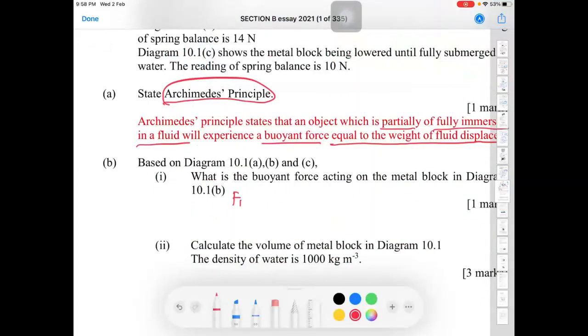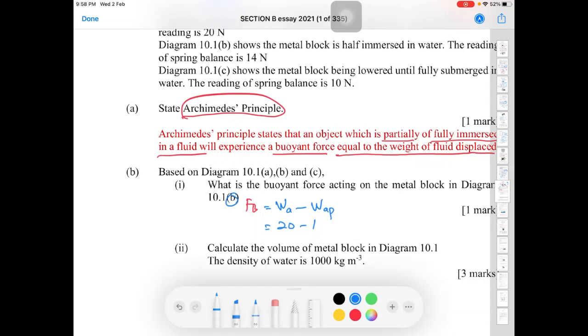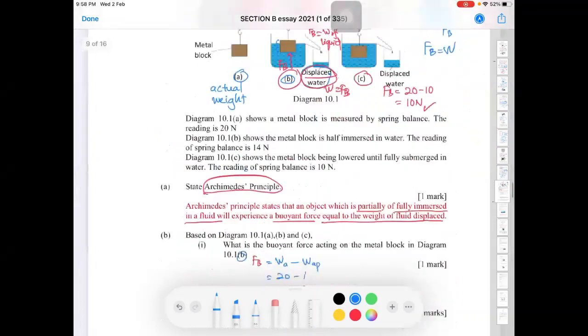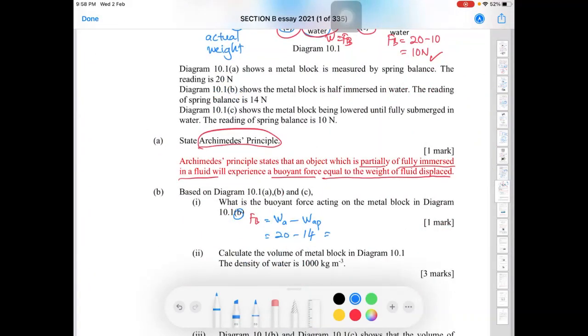Buoyant force is actual weight minus apparent weight. The actual weight was 20, and the apparent weight in B was 14, sorry, 14. So you will get the buoyant force is 6 Newton. Okay, 6 Newton. Alright, next.